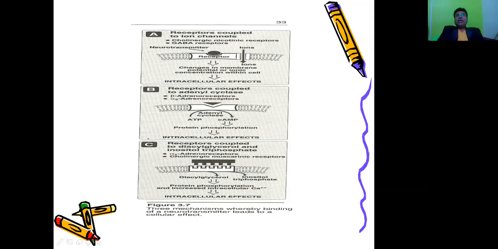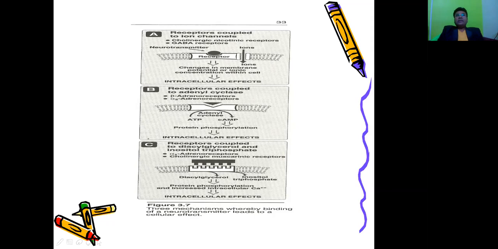Examples are cholinergic nicotinic receptors and GABA receptors. In this category, the receptor causes a change in the membrane potential or the ionic concentration within the cell, resulting in intracellular effects.